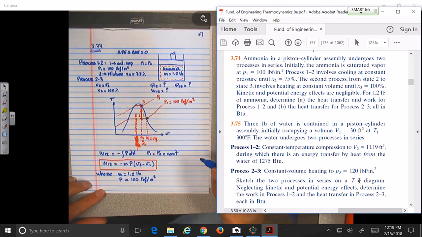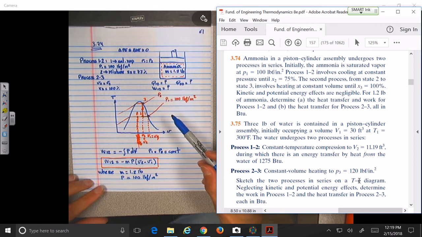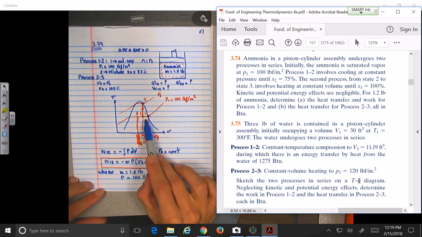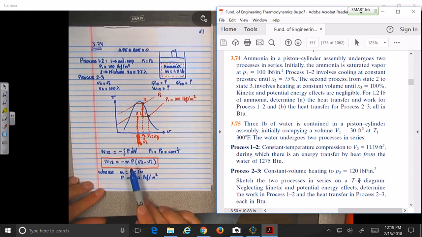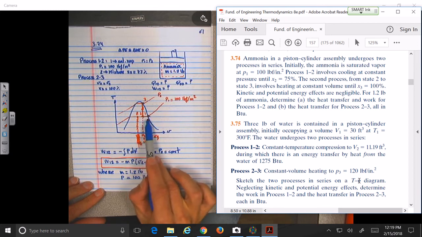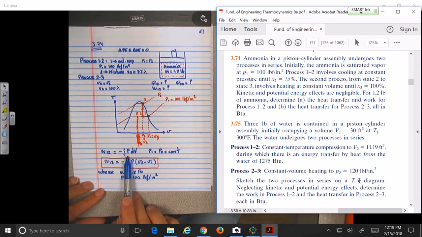All right? So first thing we are doing is to calculate what is the work between state 1 and state 2. So for the process 1-2, we know that process is constant pressure because it's along the line. So the work done by a constant pressure process is minus P dV. P is constant. You move it outside, so it will be minus P times V final minus V initial.